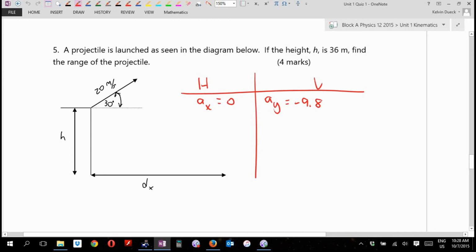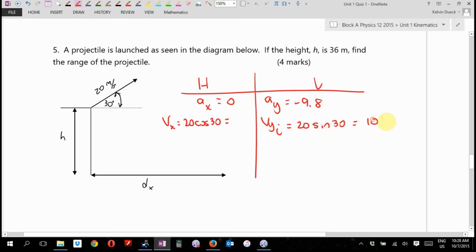Is there an angle? Oh, of course I do. Vx is going to be 20 cos 30, and Vy initial is going to be 20 sine 30.